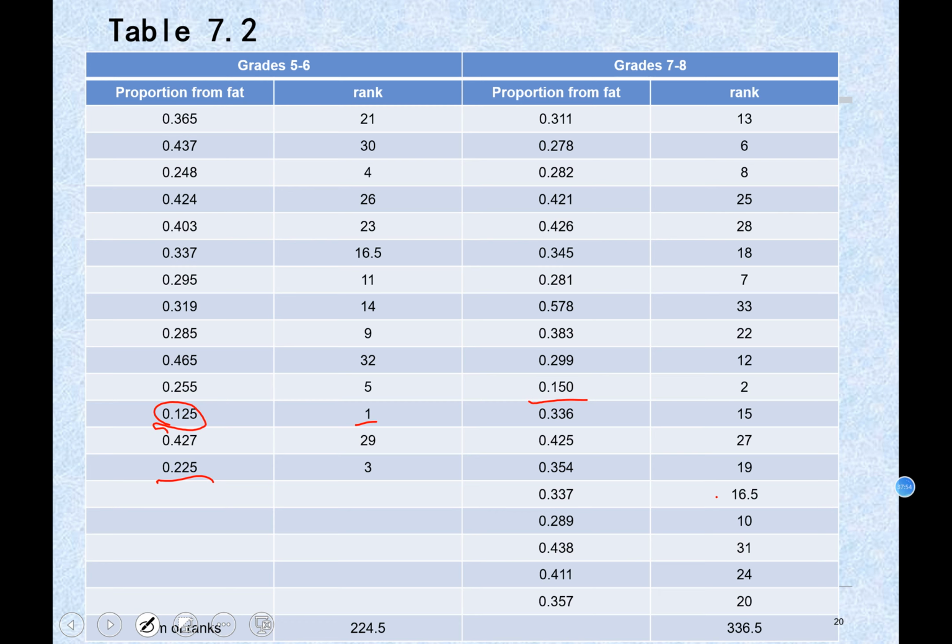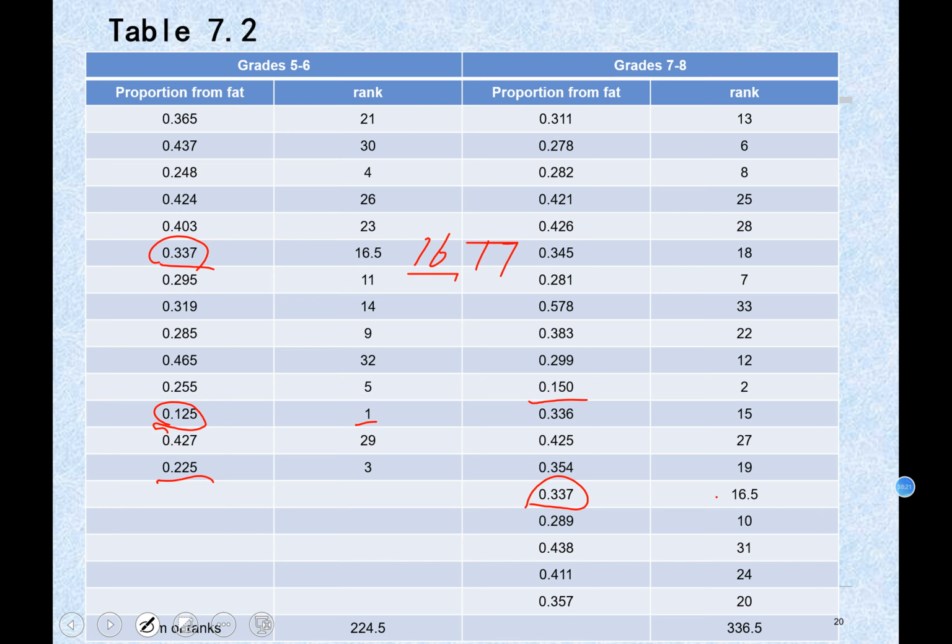But if we find two numbers that are the same, for example here, this number and this number, we can find that there are two numbers that are the same, 0.337. So that means they have the same rank, and their rank should be 16 and 17.